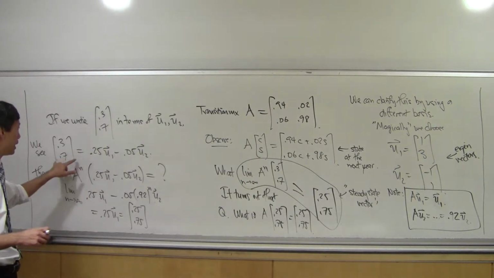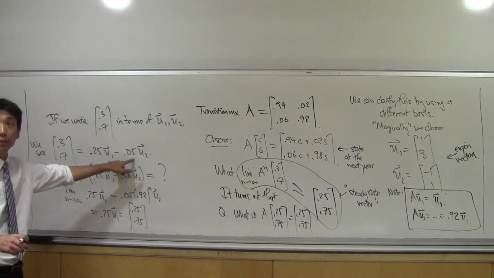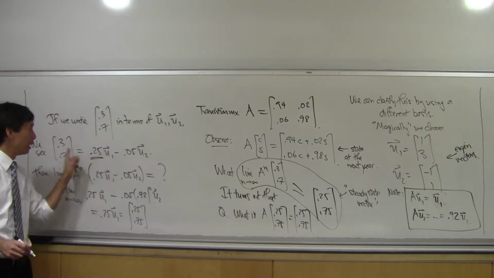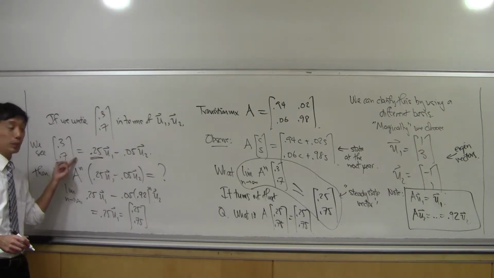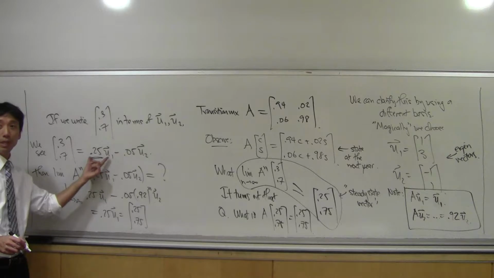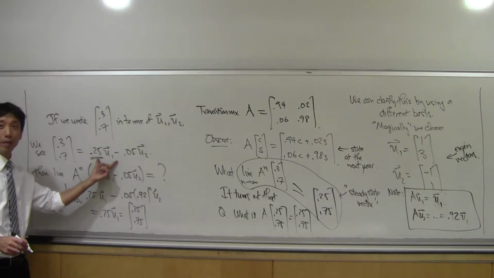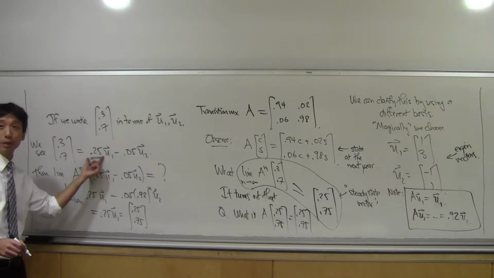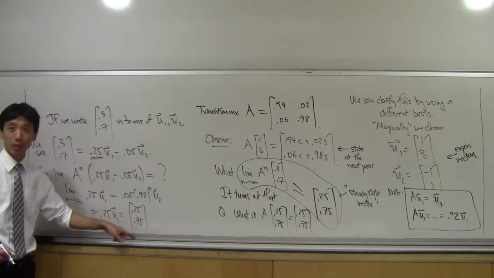No, because what we have to do is express this guy in terms of U1 and U2. Right, we saw, when you did this, that our initial state was 0.25 times U1, right? So if our initial state changed, then this number would change also, and you'd end up with a different number here.